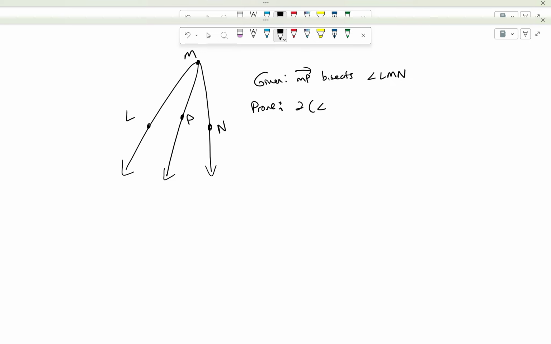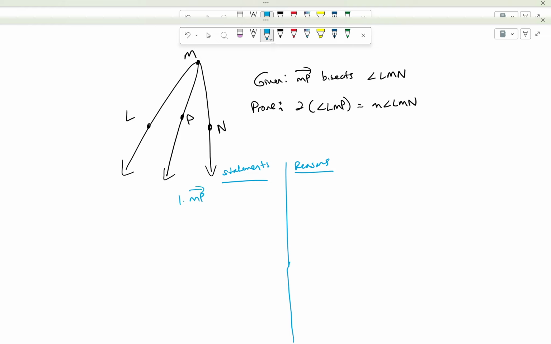Okay, so here we go. My two columns. The left is my statements. The right is my reasons. And of course, we start these the same way and restate what was given to us: MP bisects angle LMN, and this was given.